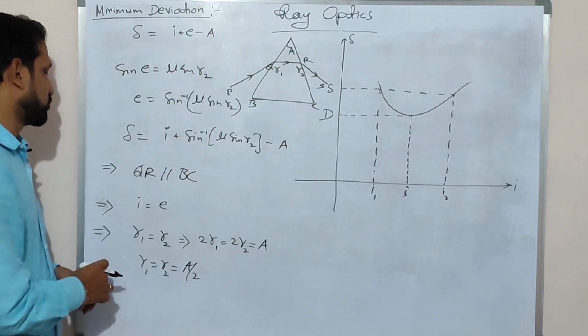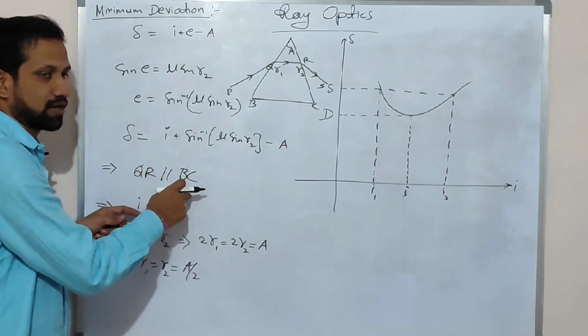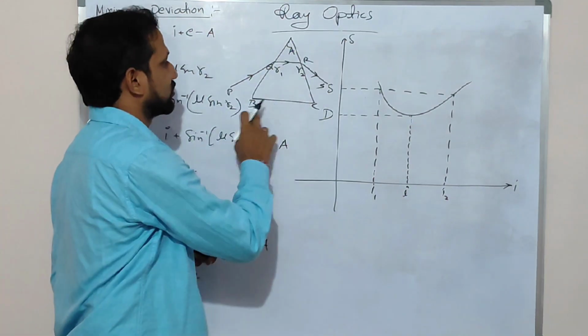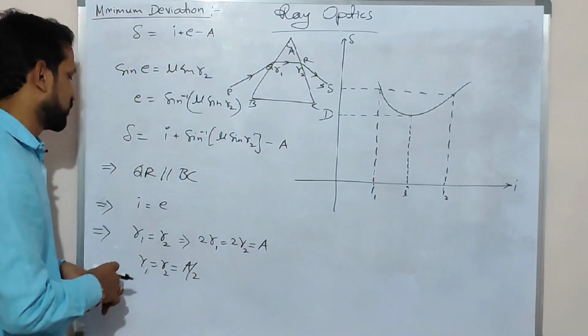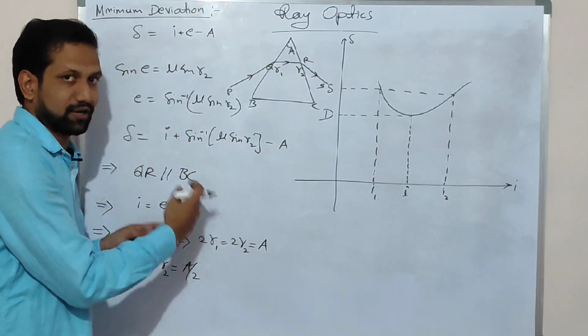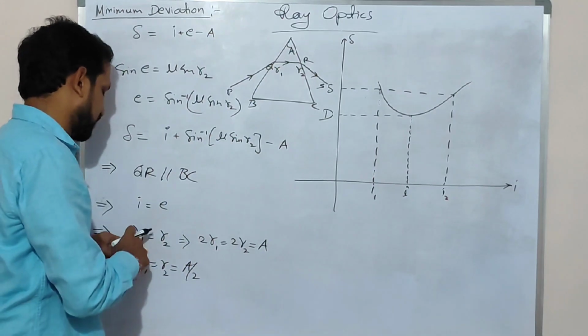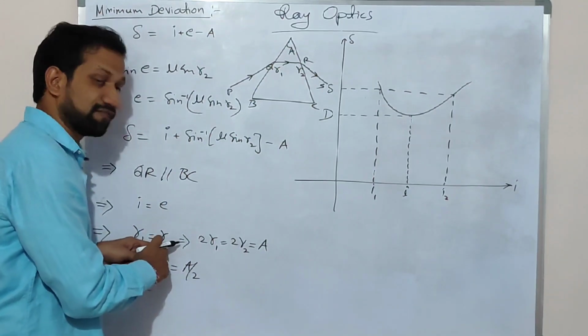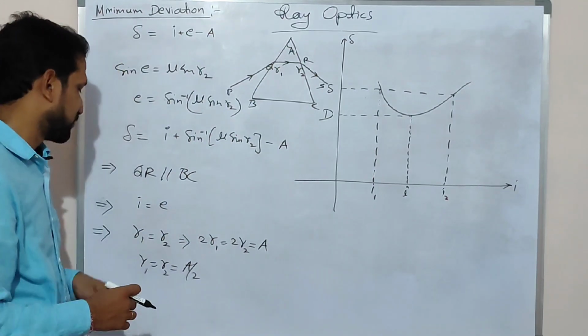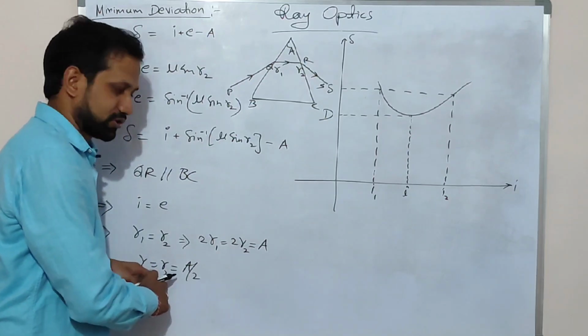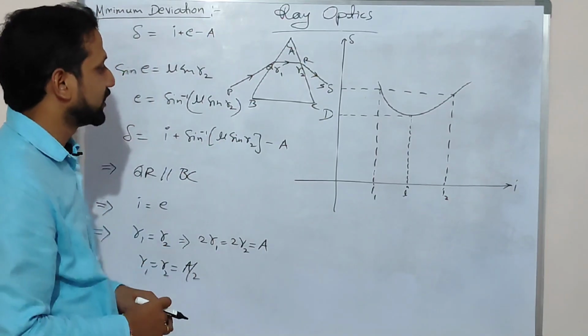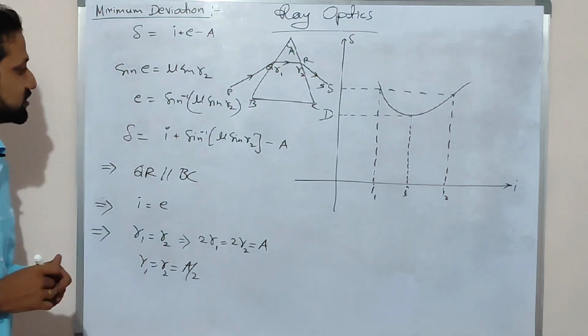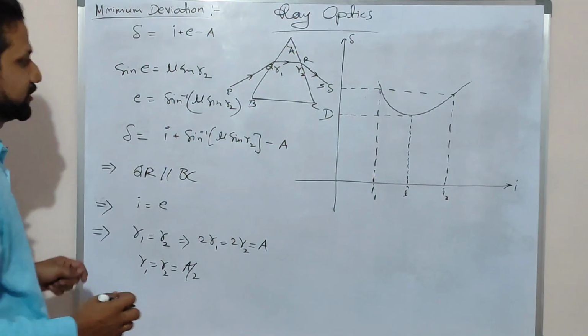So there are 3 conditions I have told you. First, QR is parallel to BC, that is, the refracted ray is parallel to the base of the prism. Second, angle of incidence equals angle of emergence. Third, angle of refraction inside the prism equals angle of incidence inside the prism, so R1 equals R2 equals A by 2. And the last condition is a formula that I am going to write here.